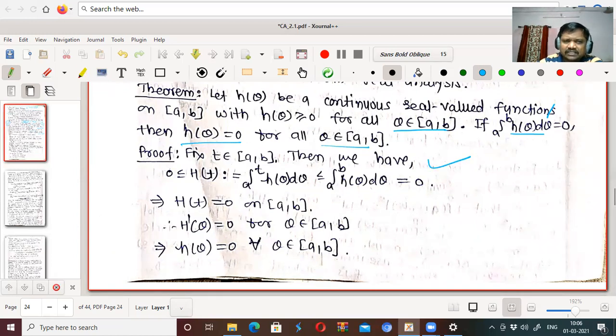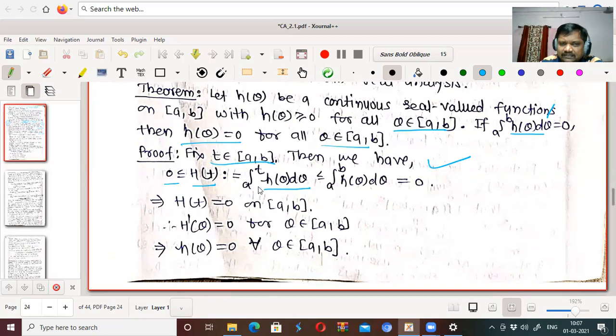Suppose we take any t belonging to [a, b]. Therefore 0 is less than or equal to H of t, and how have we defined H of t? It is the integral from a to t of h of theta d theta. As h of theta is non-negative for all theta belonging to [a, b], the integral is also non-negative, because the upper limit is larger. The smallest value is a and the largest value is b. So this is the lower limit and this is the upper limit.